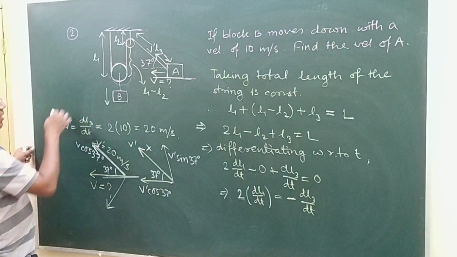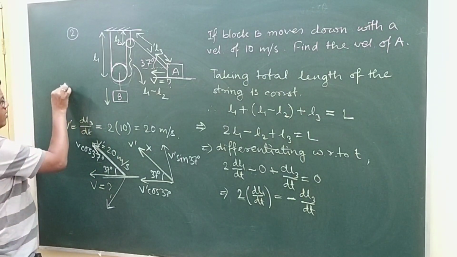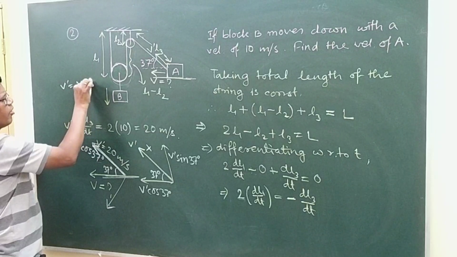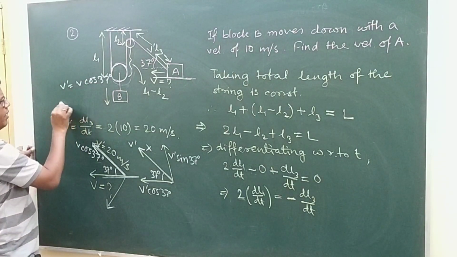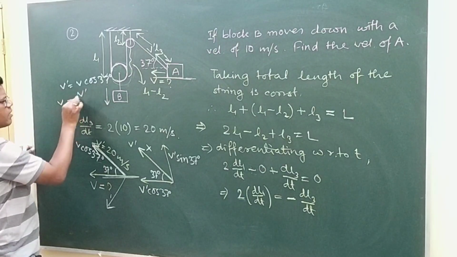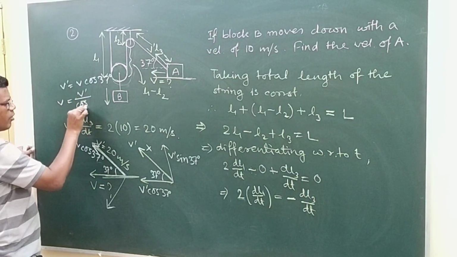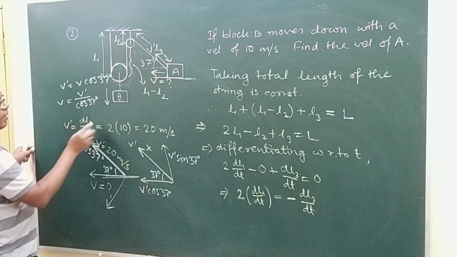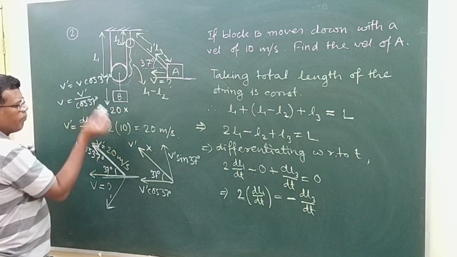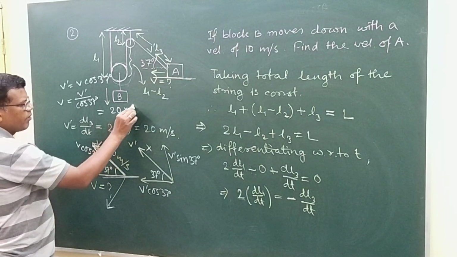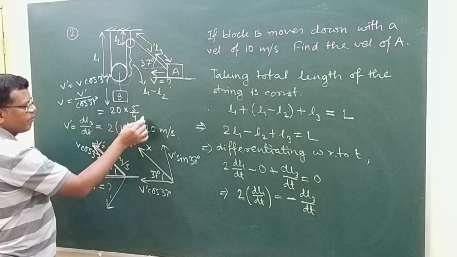Therefore v dash equals v cos 37, and as we need to know v, v equals v dash by cos 37. Numerically it is 20 divided by cos 37, which is 4 by 5; reciprocating gives 5 by 4.